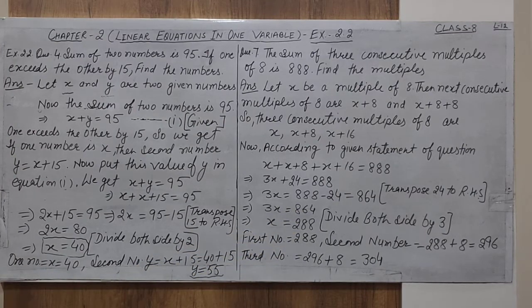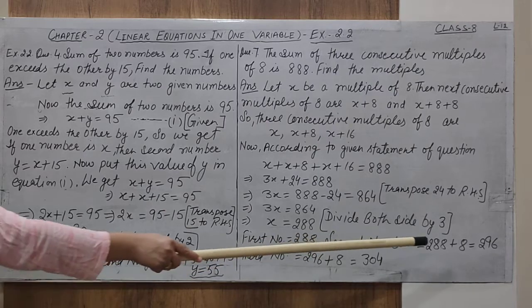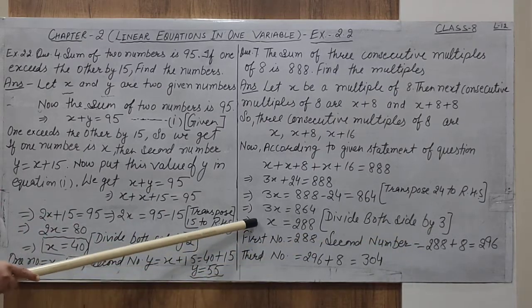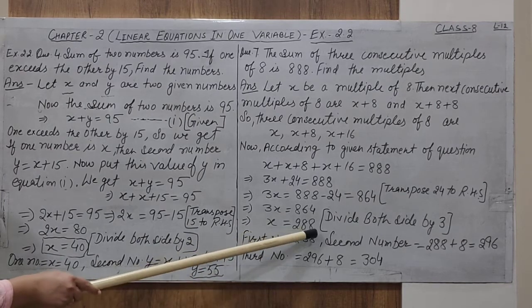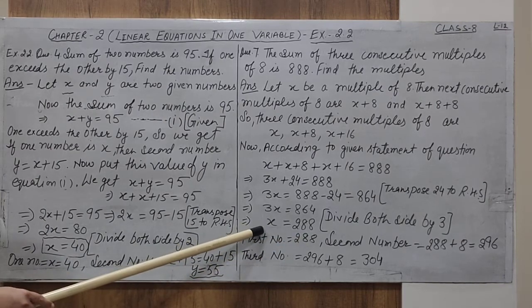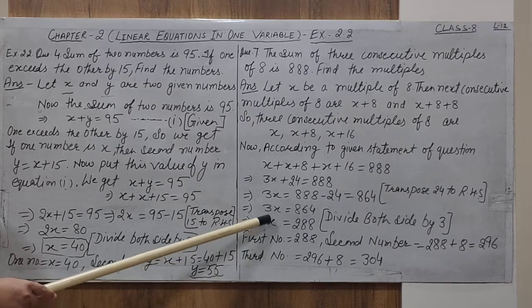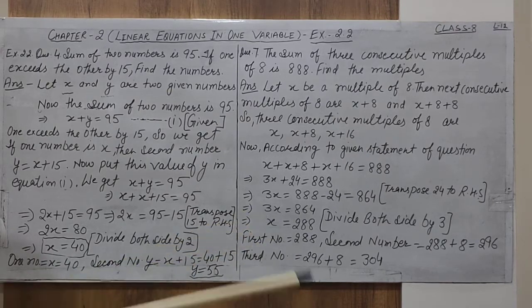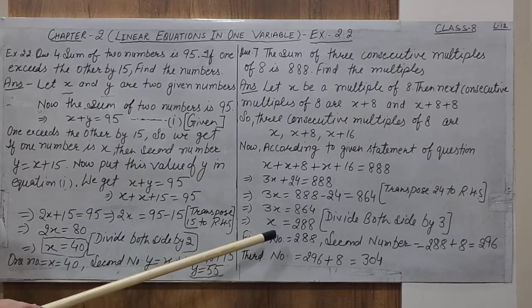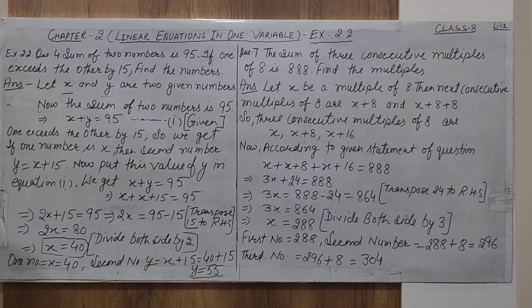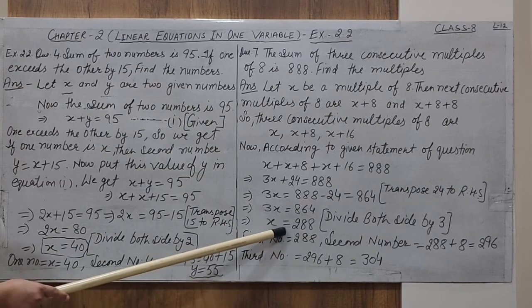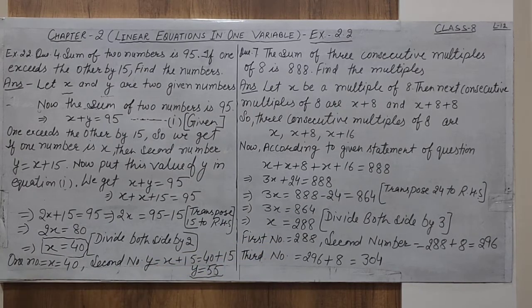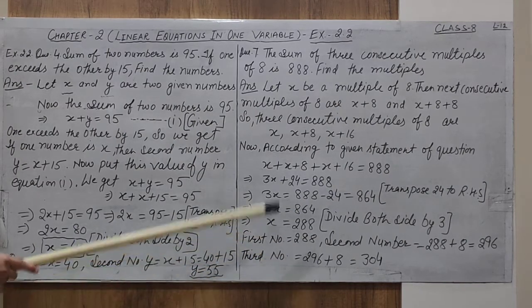The next step is to divide both sides by 3, because only then can we find the value of x. So 3 is cancelled out by 3, and on the left hand side we get only x. On the right hand side, after dividing by 3, we get 288.